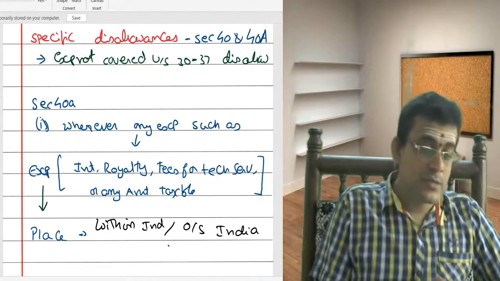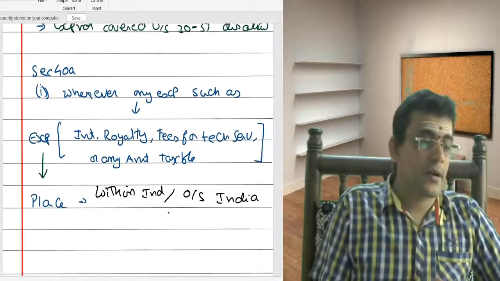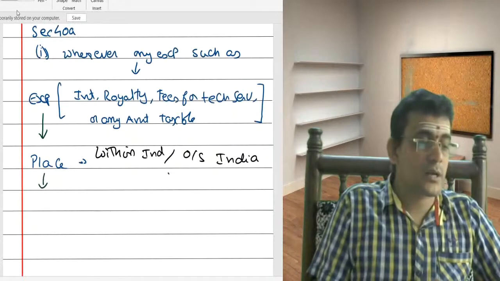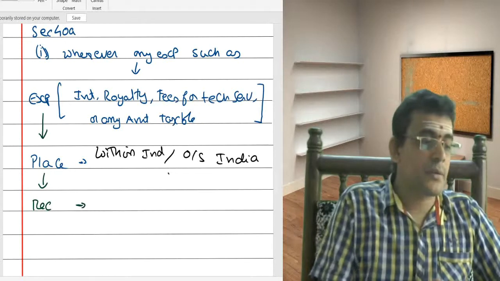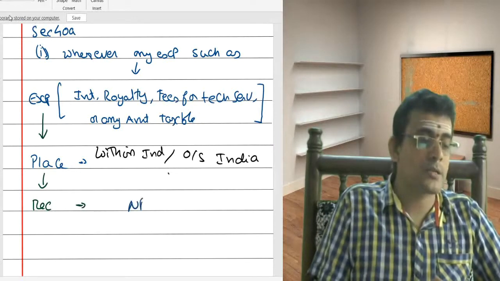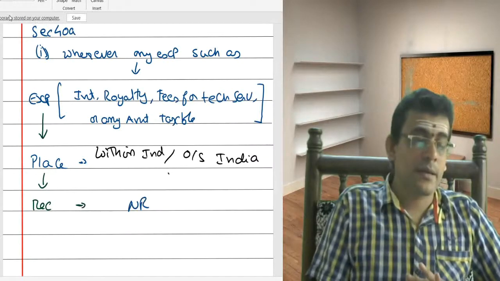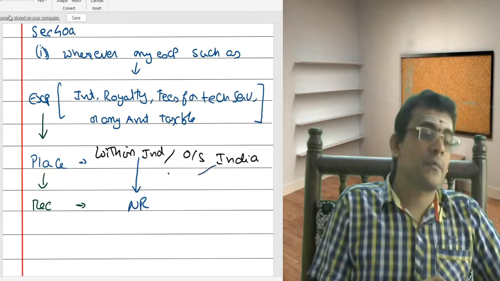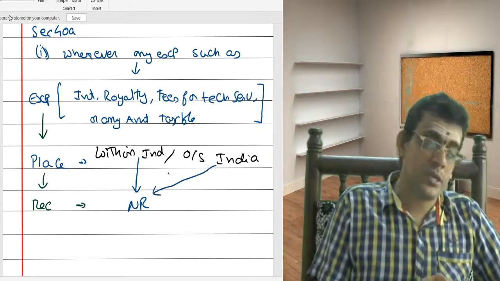Then I need to see the next one, the recipient. Now I need to see who is the recipient. To whom am I paying? The recipient in this case is nothing but a non-resident. You are making payment to a non-resident either within India or outside India.